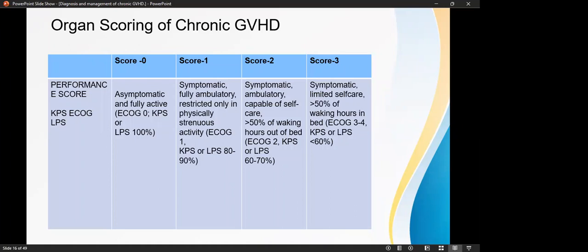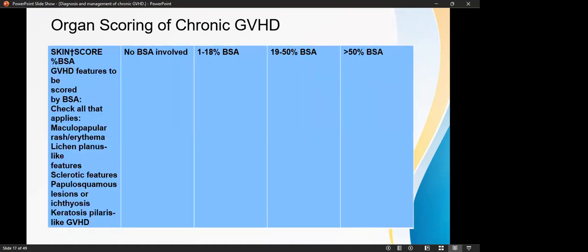While in the skin we will see the body surface area, and according to body surface area we will characterize the score. If 1 to 18%, it will be score 1, while 19 to 50% will be score 2, while more than 50% will be score 3.